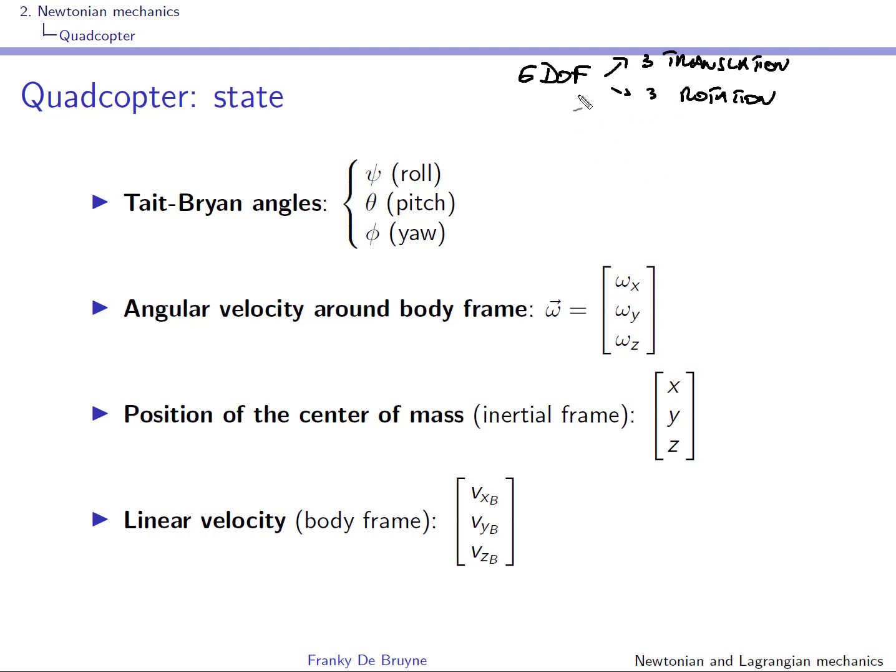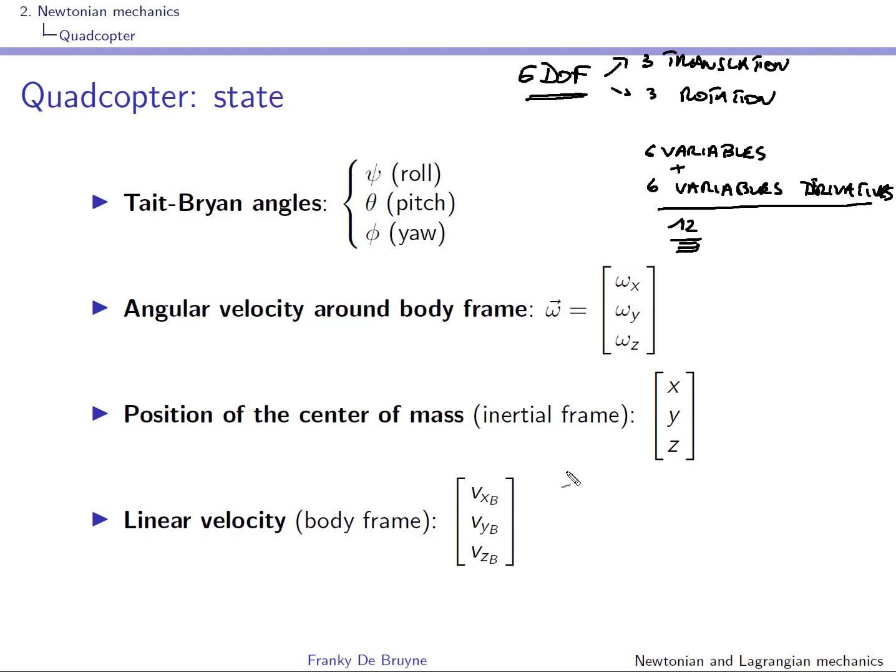We know that if you have 6 degrees of freedom, this will involve 6 variables for the variable itself, and then plus 6 variables for the derivatives, right? So in total we will have 12 variables.